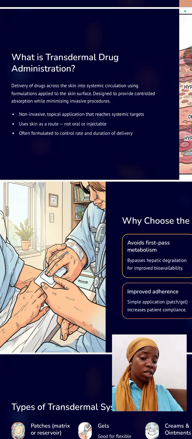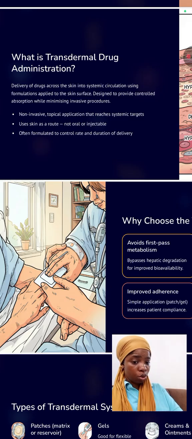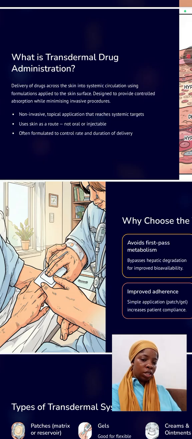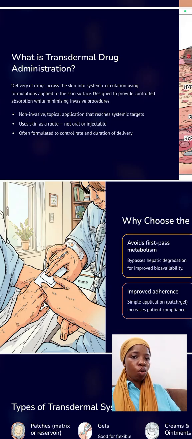It just uses the skin surface as a route to administer these drugs. And then three, it is often formulated to control the rate and duration of delivery.